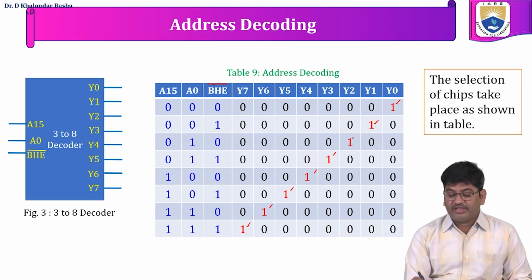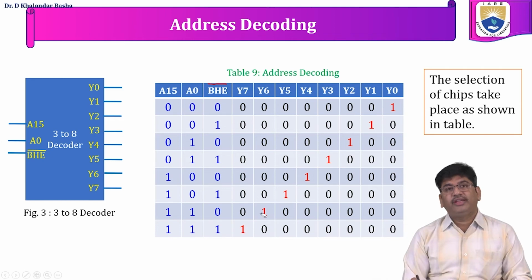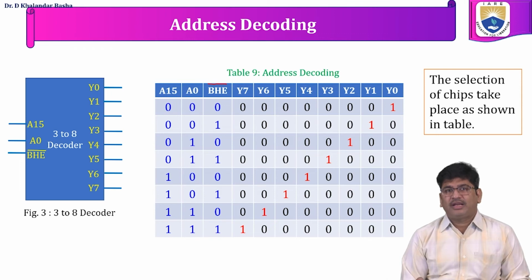Now based upon these active output lines, for the different combinations of A15, A0, BHE bar, we already discussed whether it is a byte transfer from even address or odd address, or a word transfer from both even and odd addresses. Based upon that, these Y0 to Y7 signals will be used for enabling the corresponding memory chips.